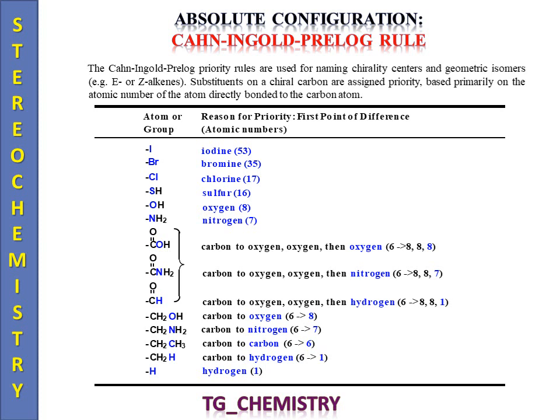Those are the functional groups I was talking about, where first it is the carbon atom which is directly attached to the chiral carbon center, and then further there are heteroatoms. So these are a short list of substituents to be prioritized when we consider the RS nomenclature of a chiral molecule.